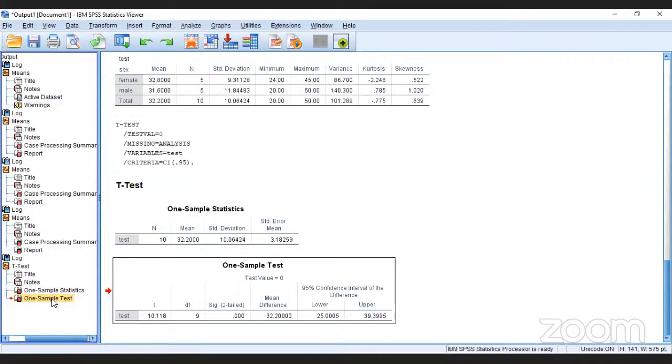Okay, and you will find the 95% confidence interval of the difference is 25 and 39, and you will find the mean difference falls between the lower and the upper confidence interval. Is it clear to all of you?